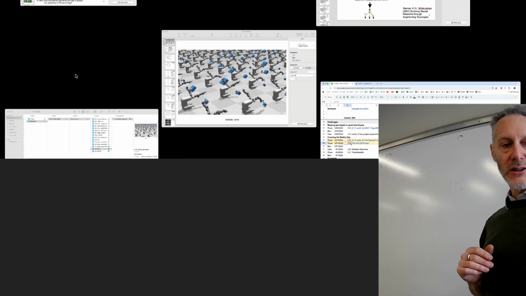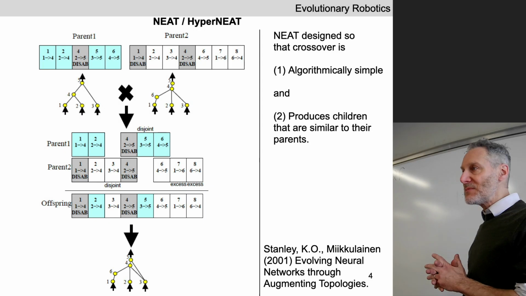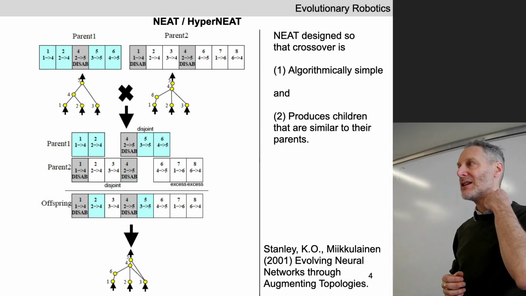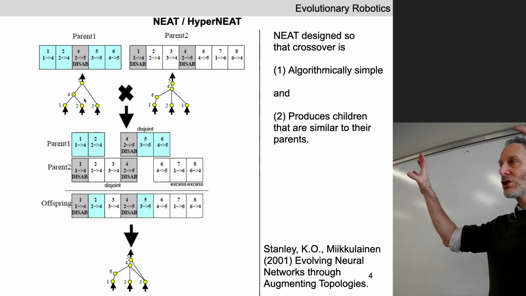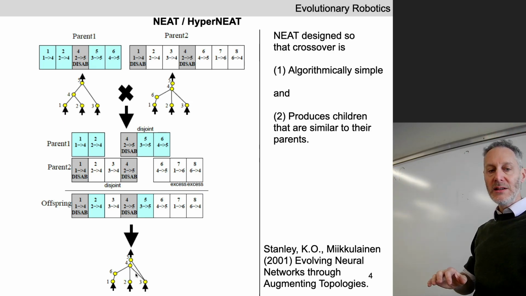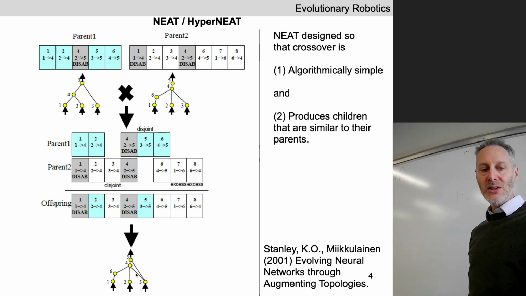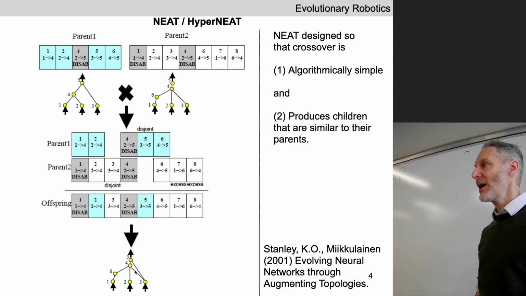Okay, so back to lecture 13. We ended last time with a deep dive into the heart of the NEAT algorithm and what the NEAT algorithm was designed to do, which is to cut two parent neural networks and glue their parts together to produce a child neural network that looks similar to its parents, which you can see here, and hopefully behaves similar to its parents.